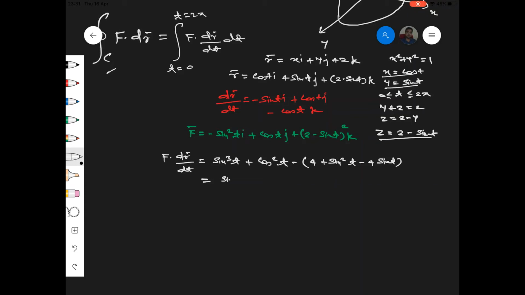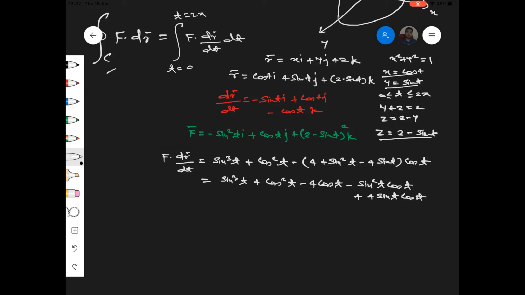value as sine cube t plus cos square t minus 4, here we have cos t as well in the multiplication, minus 4 cos t minus sine square t cos t plus 4 sine t cos t.